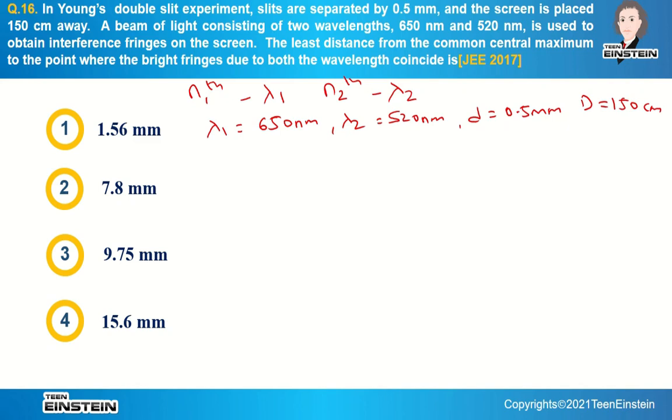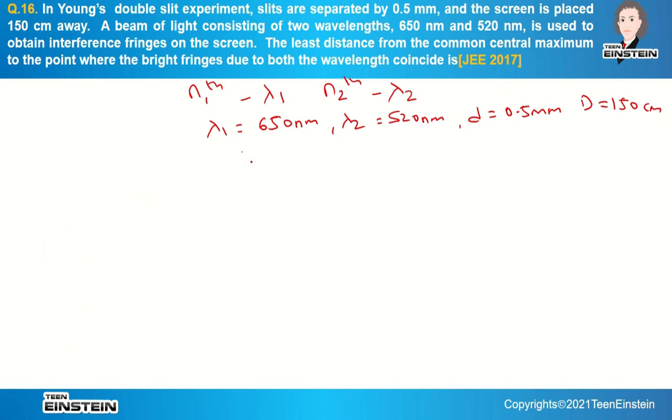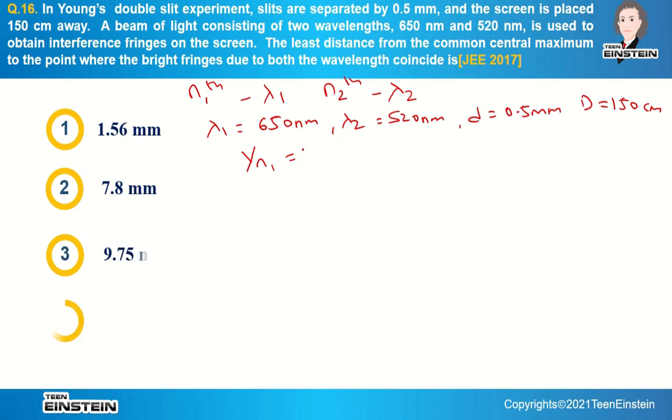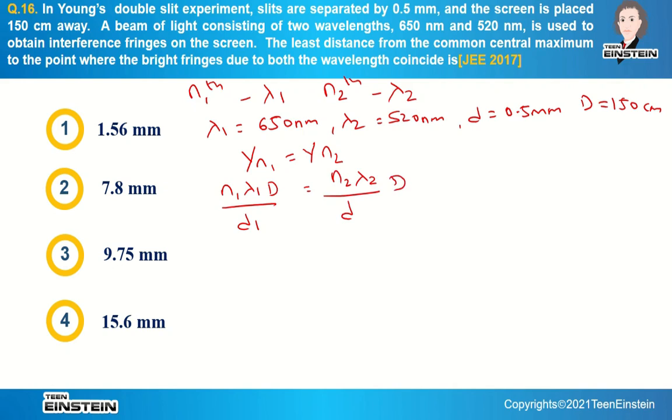They are saying the fringes will coincide and their distance from the common central maximum will be the same. So since it is the same, you will have y_n1 equal to y_n2. So it will be n1 λ1 D by d equal to n2 λ2 D by d.